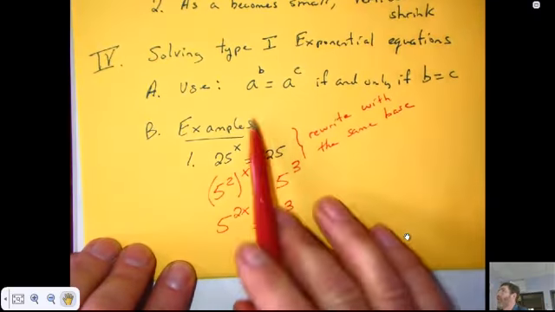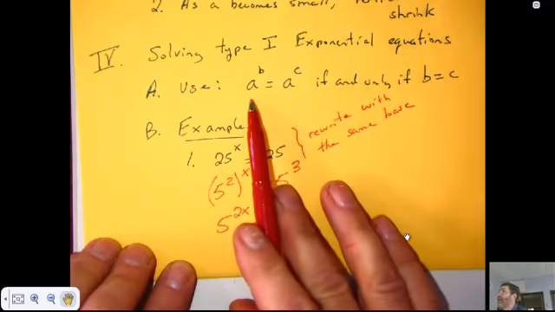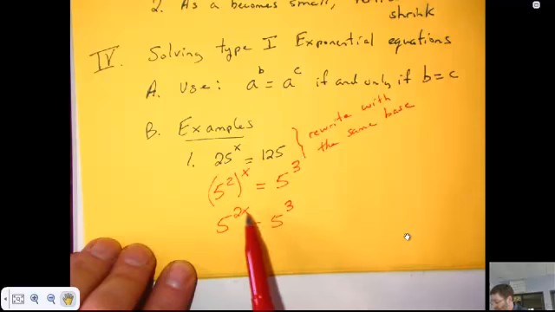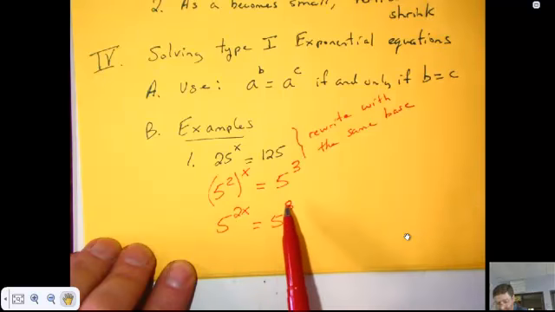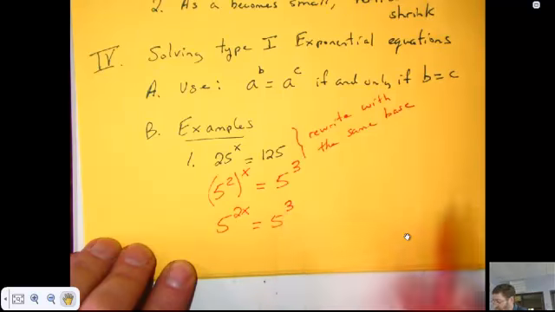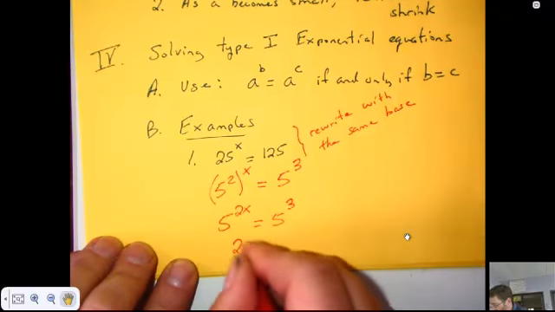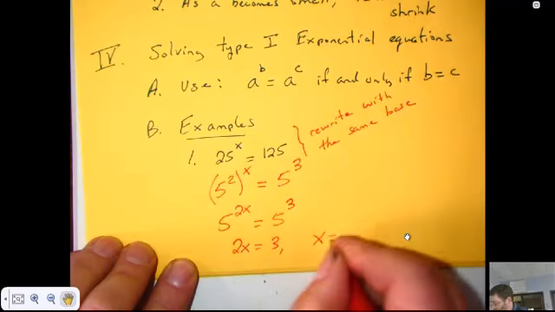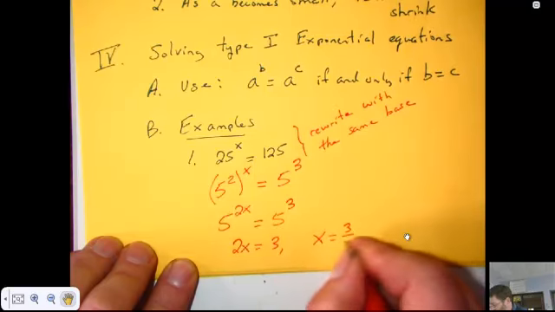And of course, now I can apply this property that says if I have two bases and the exponents are equal, then b must equal c. In other words, 2x must equal 3, so x has to be 3 halves.